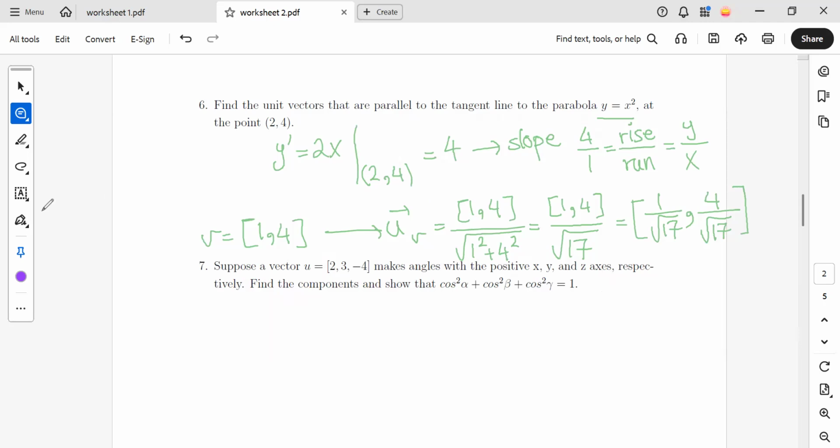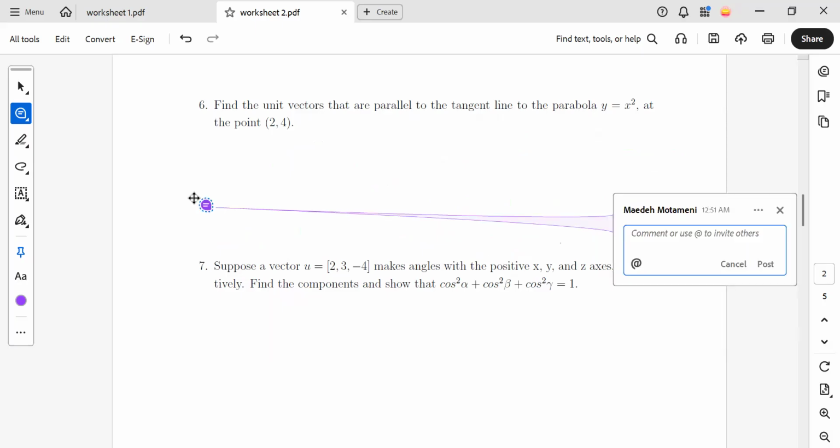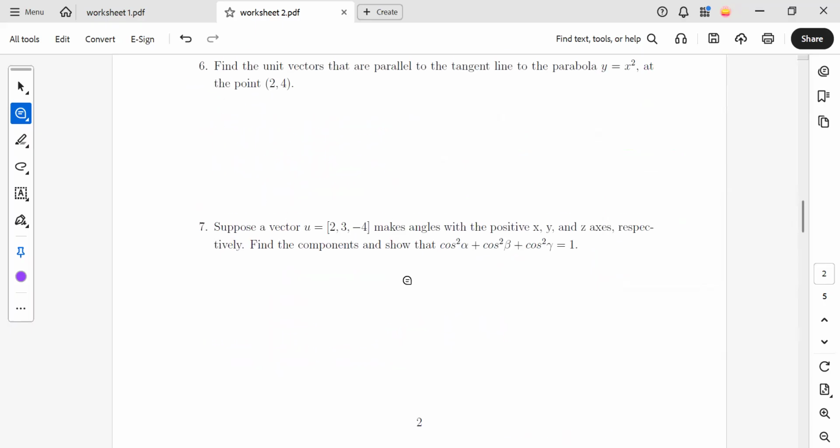And number 7, suppose we have a vector 2, 3, negative 4 that makes angles with the positive parts of x, y, and z axes respectively.